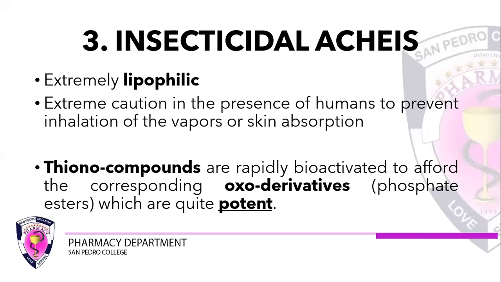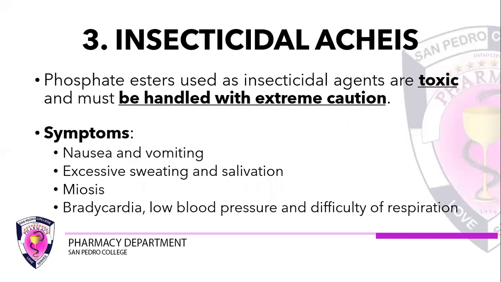Now, itong mga insecticidal acetylcholinesterase inhibitors are thiono compounds which would be rapidly bioactivated to form its oxo derivative, which are quite potent. So again they should be handled with extreme caution kaya pwede siya mag-absorb to the skin.